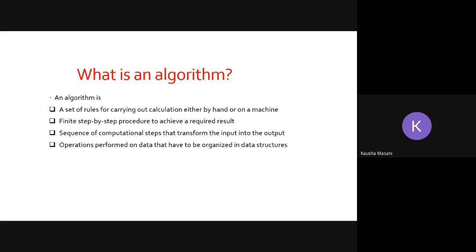Let's say there is a problem where you want the summation of two integers, or say integer kind of data. So you are going to organize those data first. You are going to first write integer a, then integer b, or you can write integer a comma b.